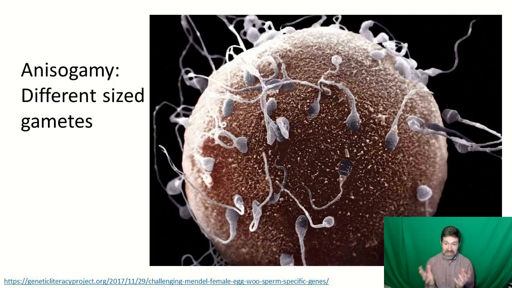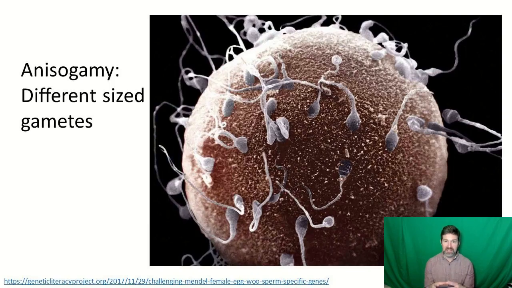anisogamy, this idea of having two different sized gametes, is that those species that produced individuals, some of which produced very small motile gametes, and had some individuals in the same population who produced very large resource-rich gametes, they did the best.